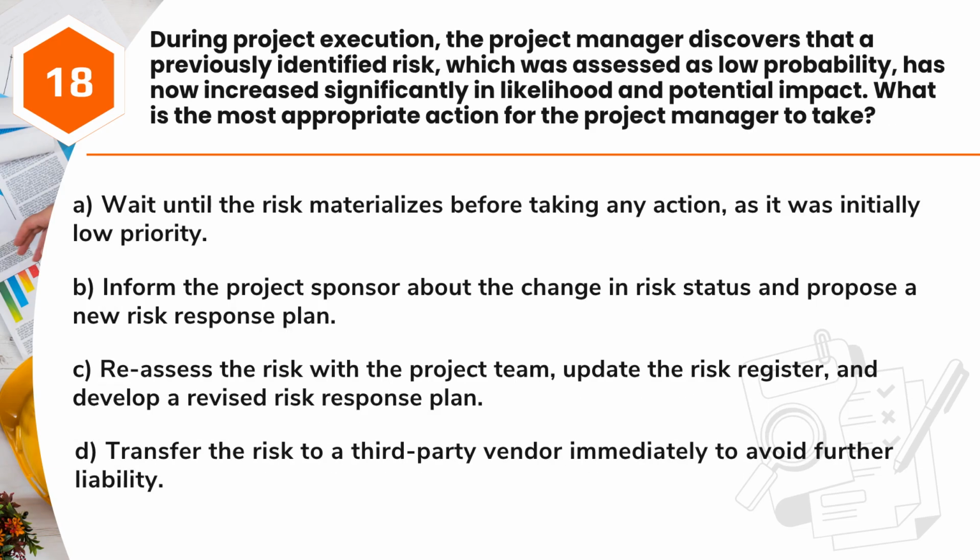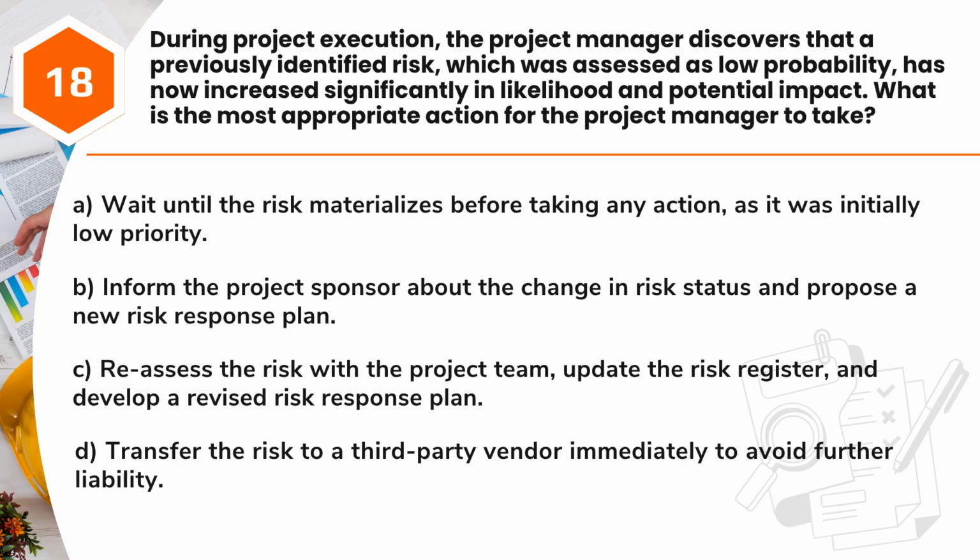Question 18. During project execution, the project manager discovers that a previously identified risk, which was assessed as low probability, has now increased significantly in likelihood and potential impact. What is the most appropriate action for the project manager to take? A. Wait until the risk materializes before taking any action, as it was initially low priority.